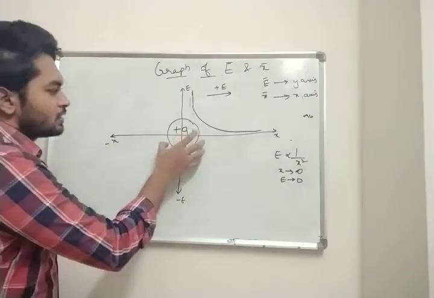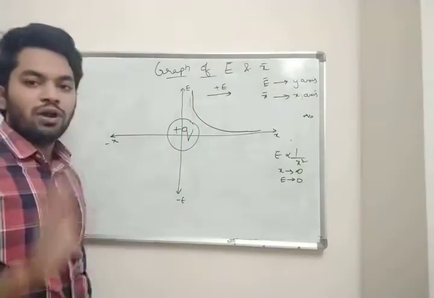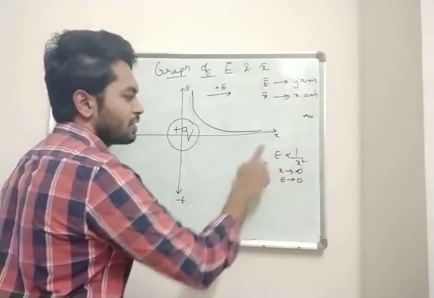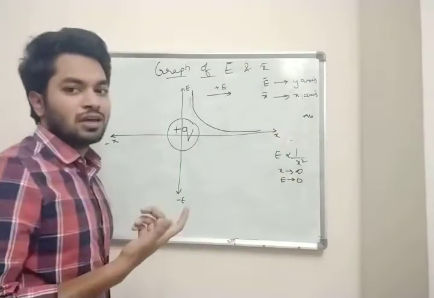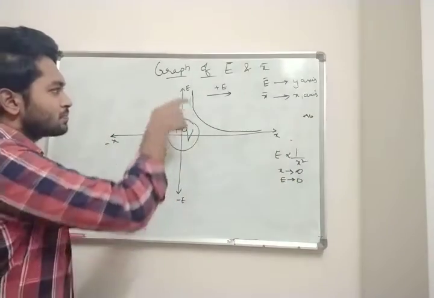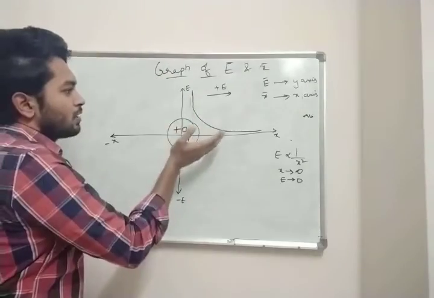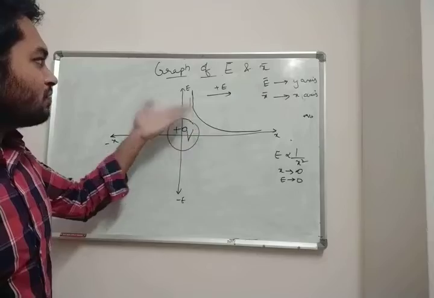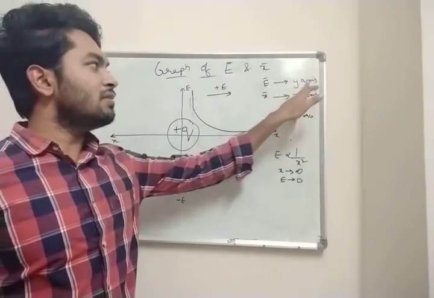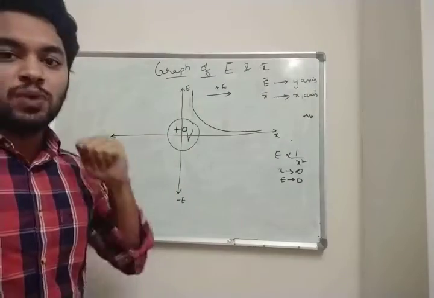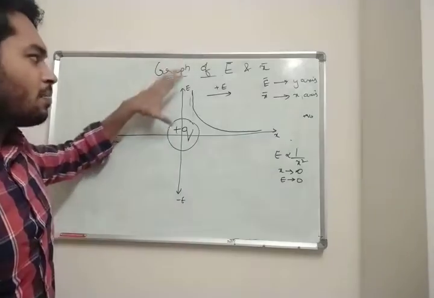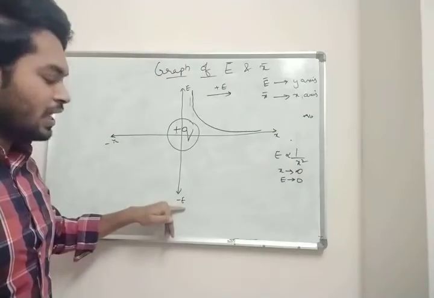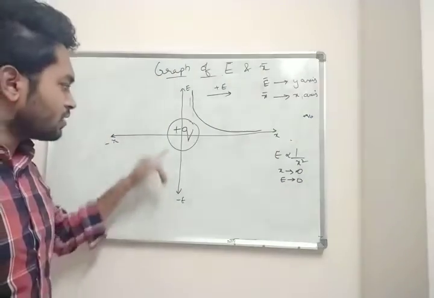So what you just have to remember is this point and your sign convention. So electric field is positive. We have already taken electric field on the Y axis. So on the Y axis, where is the positive? In the upper part. Below, your electric field is negative and the Y axis is also negative.